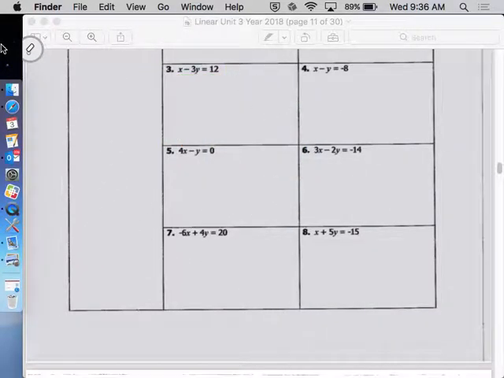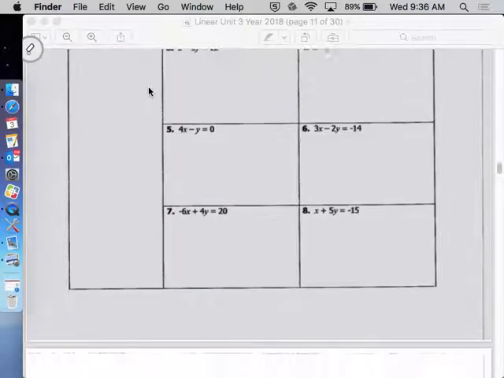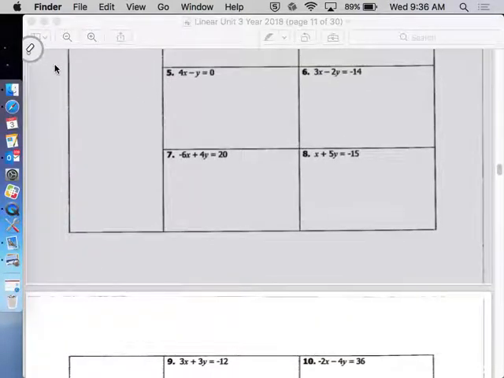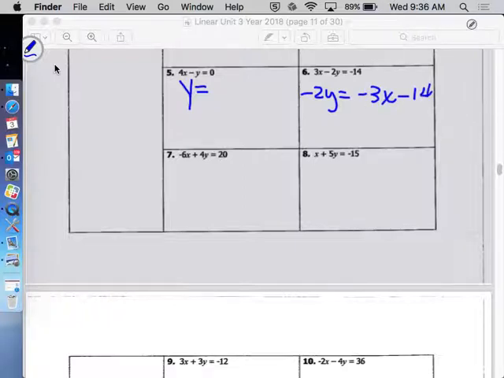Let's look at number 6 together on the video. So in number 6, once again, my goal is to isolate so that I have y equal. So I've got negative 2y, subtracting 3x, and then I would divide each term by negative 2, isolating the y.